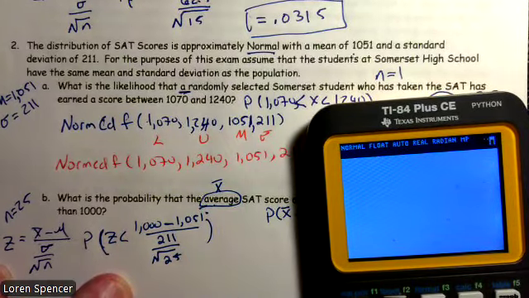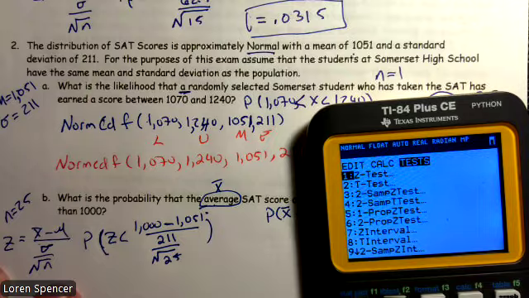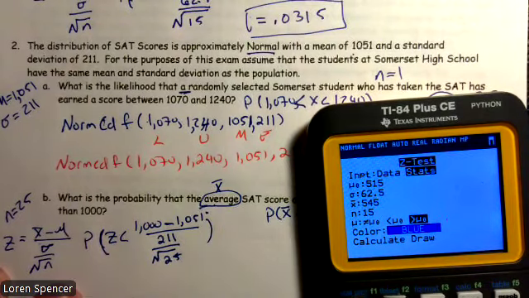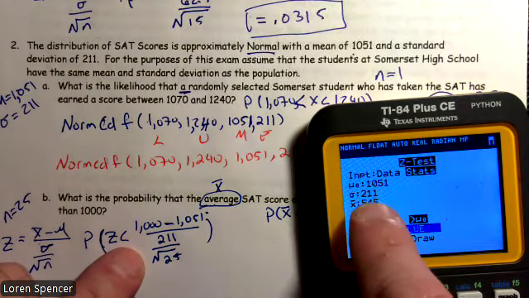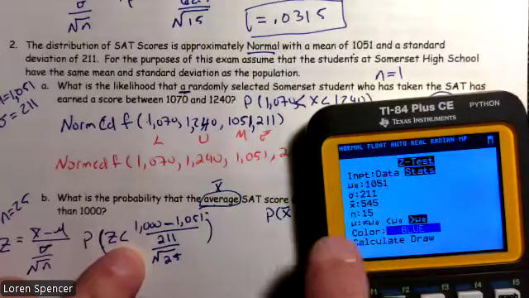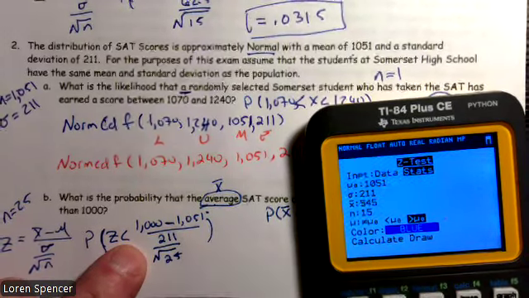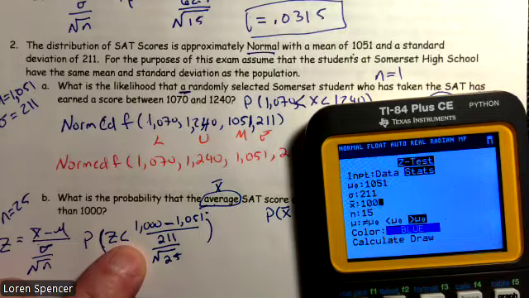Now we have a Z, so we're going to use the Z test. So stat test, Z test. The mean is 1,051. The population standard deviation is 211. The X bar is 1,000, and our sample size is 25.